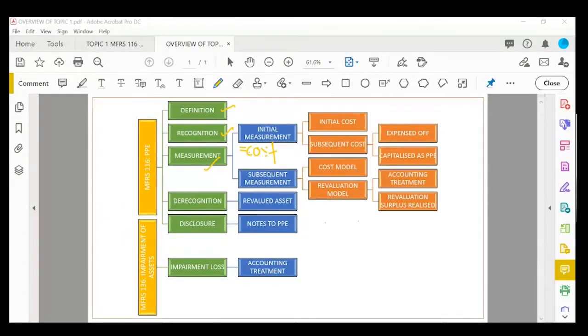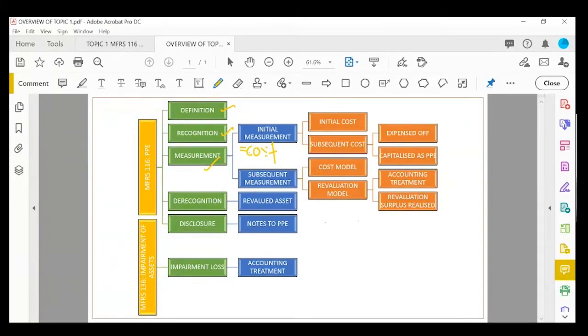For example, the cost for dismantling, removing, and restoring that will happen in the future. We need to record that one, but we cannot record it at the cash value, because you will only incur that cash value after a certain period, or when it comes to the end of useful life.